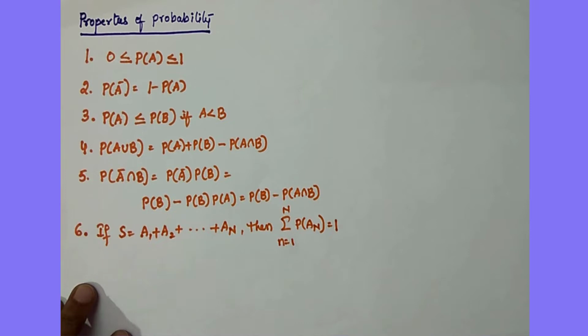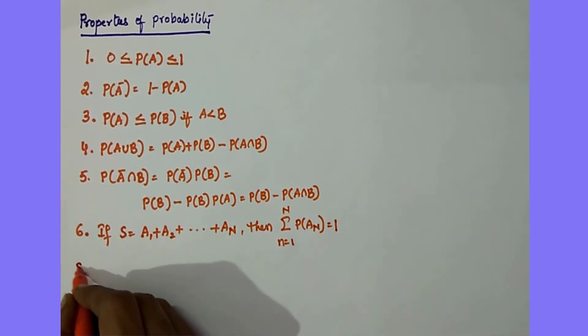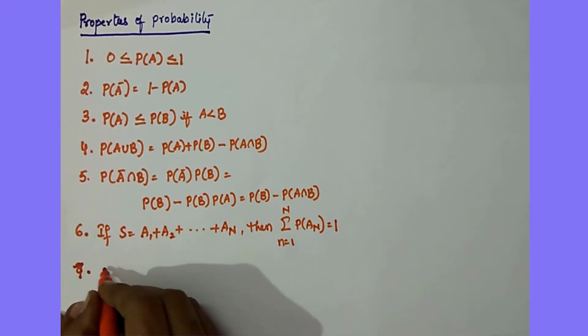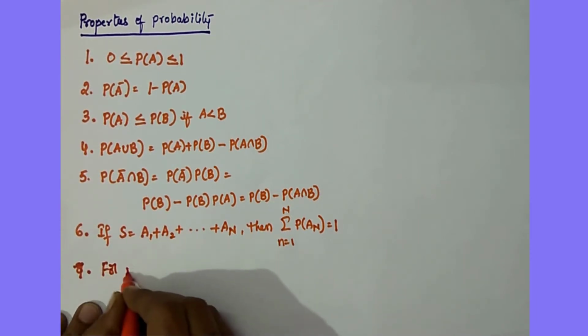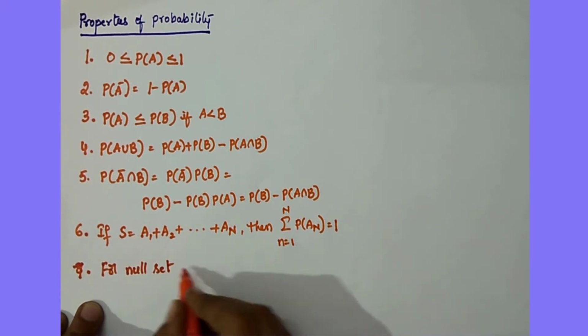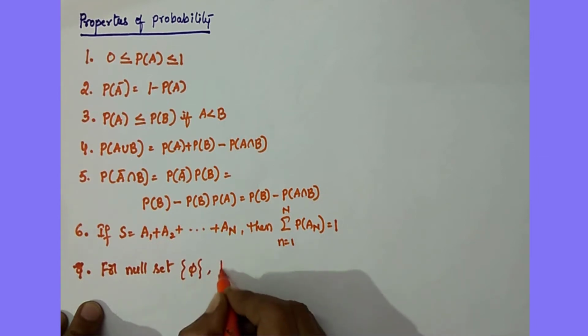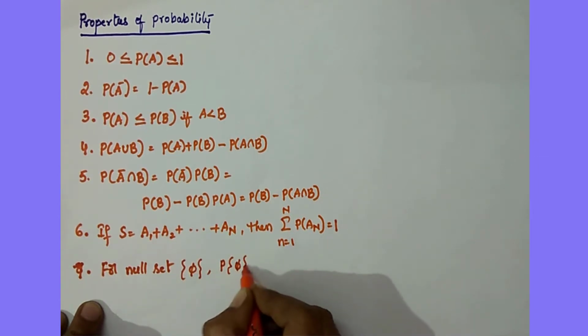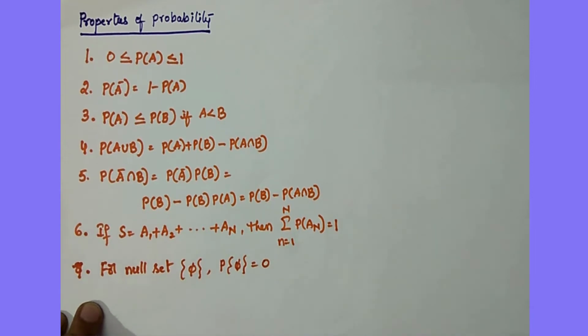Total probability is 1, we know it. Seventh property, for the null set phi, what is P of phi? It is 0. So these are the properties of probability.